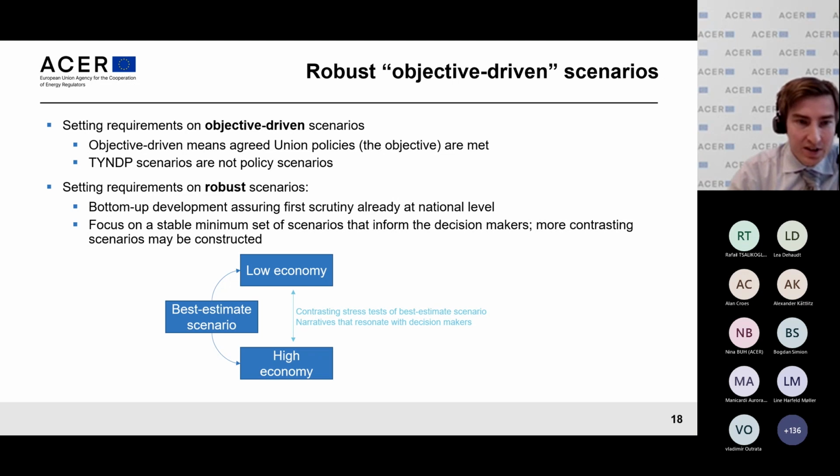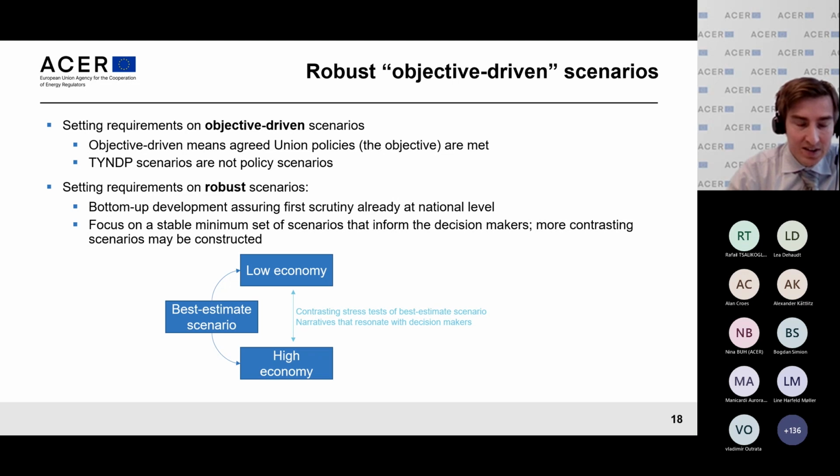And of course, it's good to stress test this best estimate scenario with what we call a low economy and high economy storyline. This is to relate very well to decision makers. This is something they understand, and as decision makers will have to assess the projects.